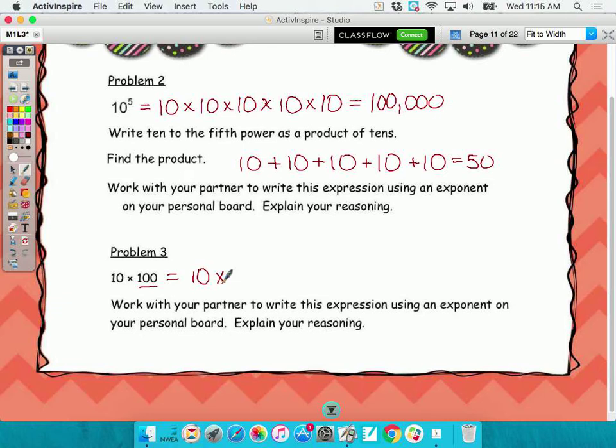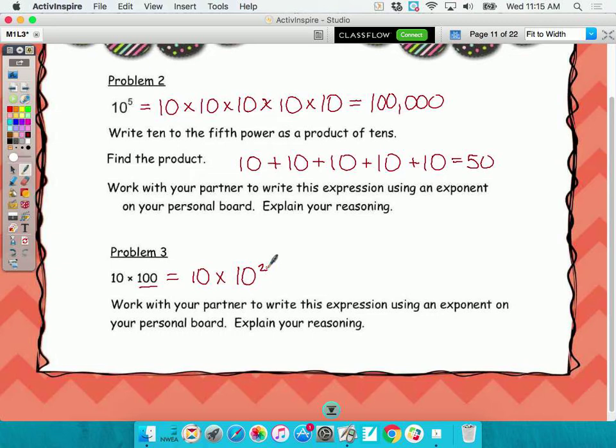So how do you know which exponent to put on there? It's on your chart, true, but there's an easier way. 2 zeros. If I see 2 zeros, then I'm going to put 10 to the 2nd power.